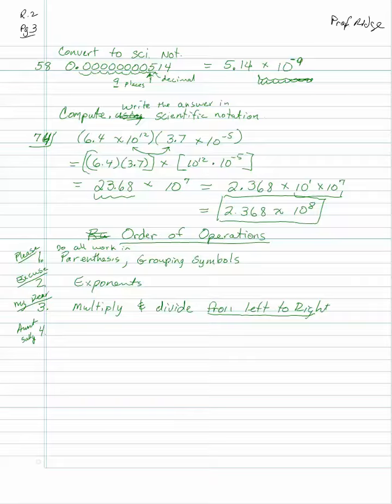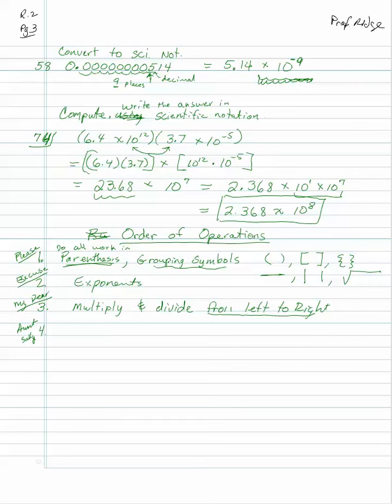And so our first step, we do all the work in parentheses, but really it's grouping symbols, because it could be parentheses, brackets, braces, the big fraction bar is a grouping symbol, absolute value is a grouping symbol, the radicand is grouped inside the radical sign. Those are all grouping symbols.